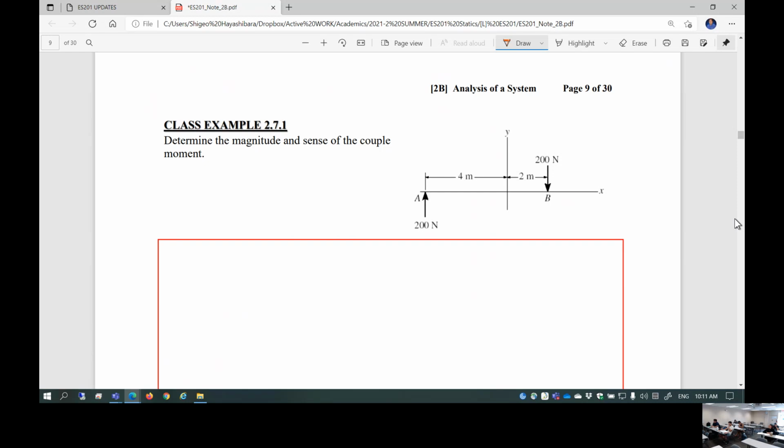What's the answer? Take a look at your notes. What's the moment of a couple? Anybody?